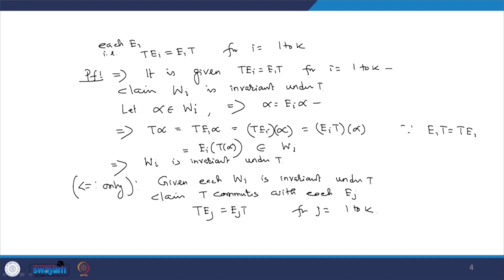I have to show that T E_j equal to E_j T.